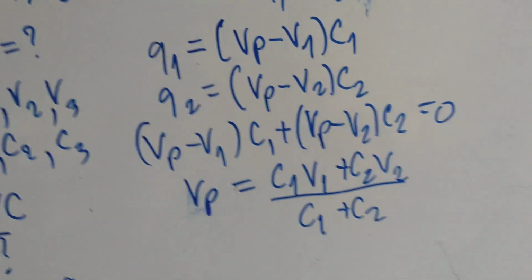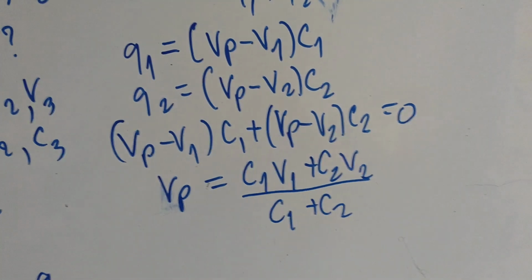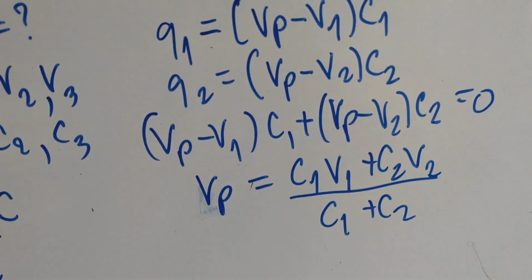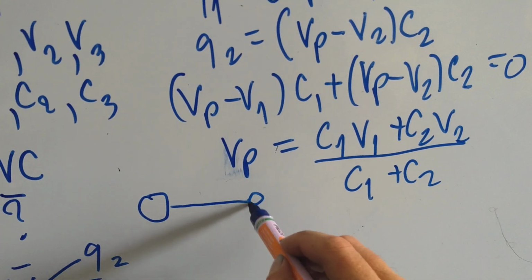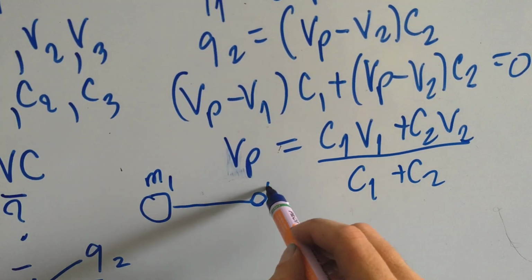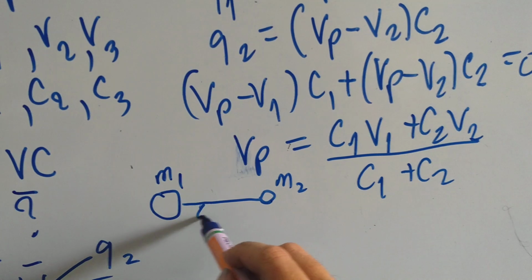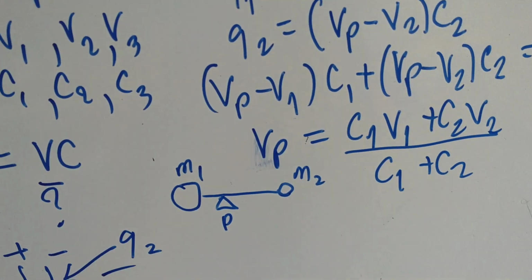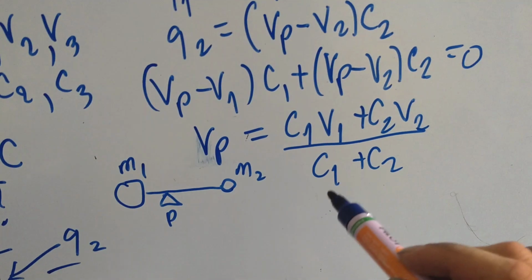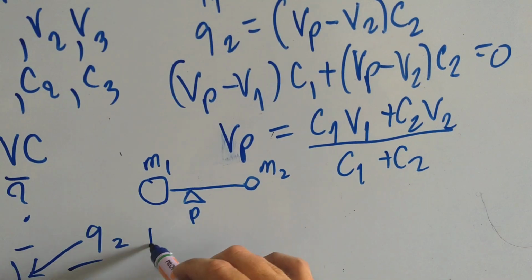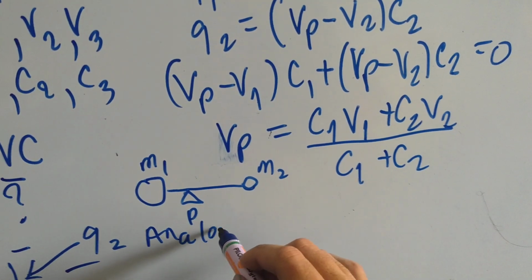Now this is really beautiful and really amazing. Doesn't this remind you of center of mass? Like I've got two masses, M1 and M2, and I have to find the fulcrum point where it balances. You should explore this analogy, because it's very interesting.